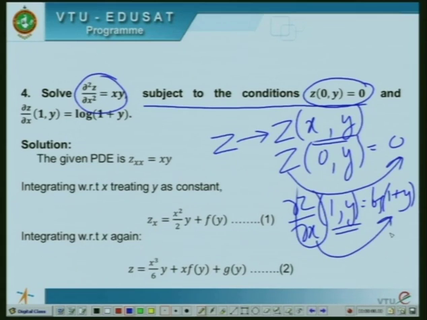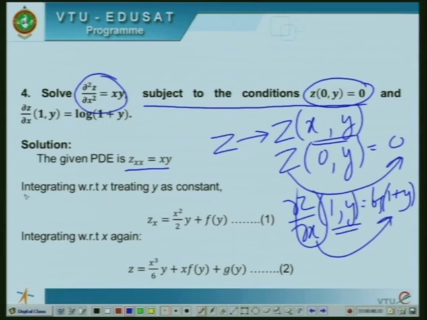So, let us solve the PDE using notation. The given PDE is z x x equal to x into y. As you know friends, z x x will first become z x by integrating with respect to x keeping y constant, and again that z x will become z by integrating again with respect to x treating y as constant.